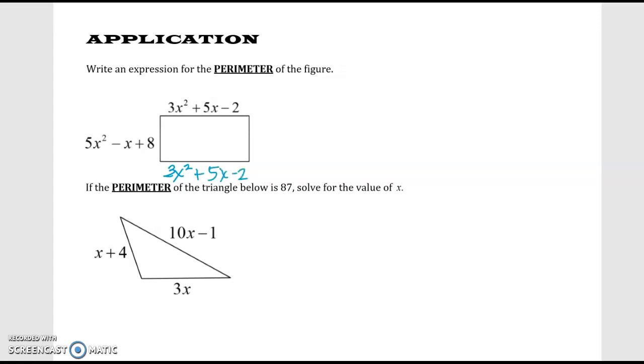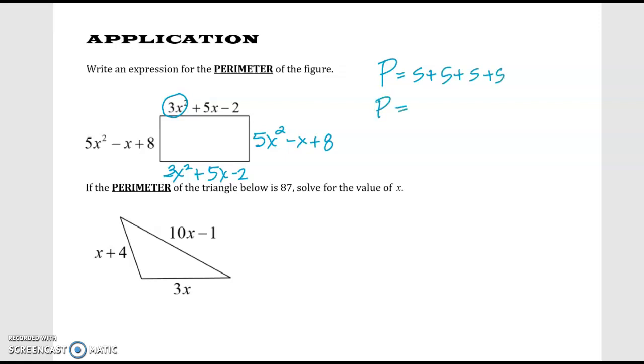Top and bottom are the same because it's a rectangle. And then 5x squared minus x plus 8. So it's the same thing all the way around. So just remember we're combining all of our like terms. Think about your perimeter formula is just side plus side plus side plus side. So add them all together.